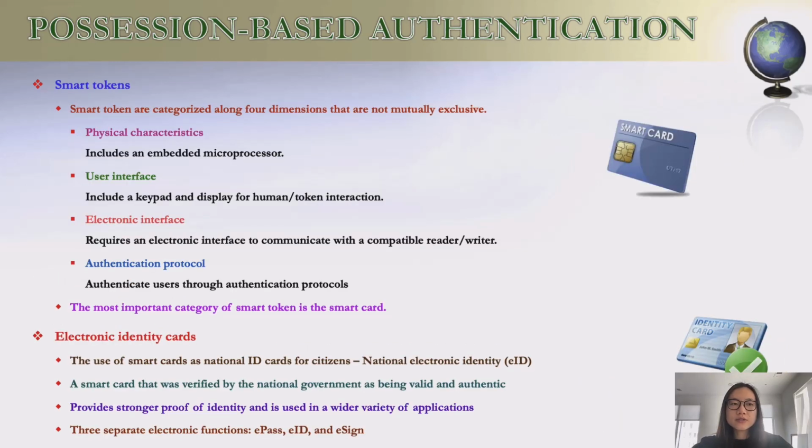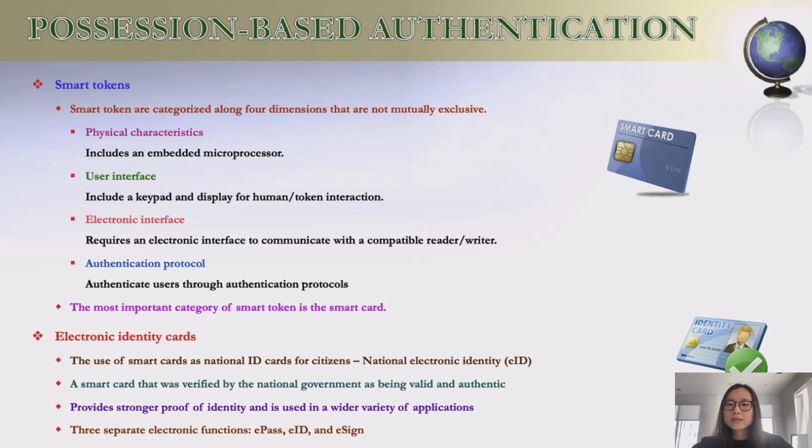The second physical token we're going to introduce is smart tokens. A wide variety of devices are qualified as smart tokens. They are often categorized based on 4 dimensions, including physical characteristics, user interface, electronic interface, and authentication protocol. For user authentication, the most important category of smart token is smart card.